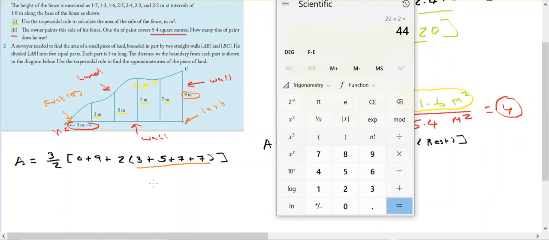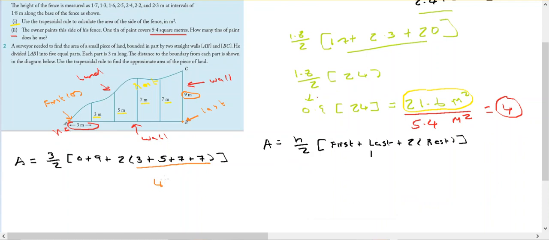So this simplifies down to 44 plus 9 plus 0, all multiplied by 3 over 2. Again, do what's inside the bracket first.